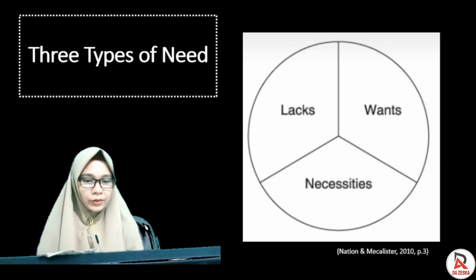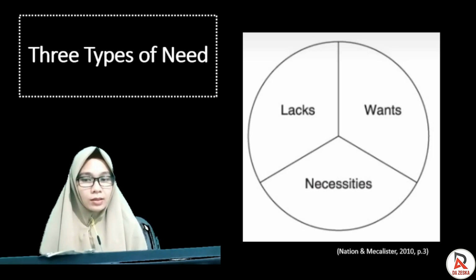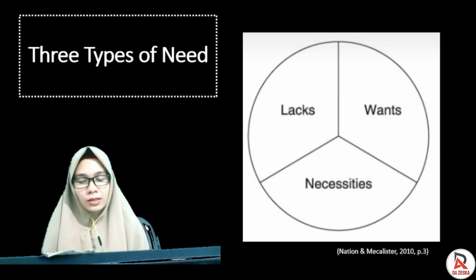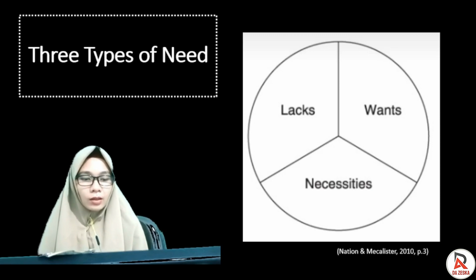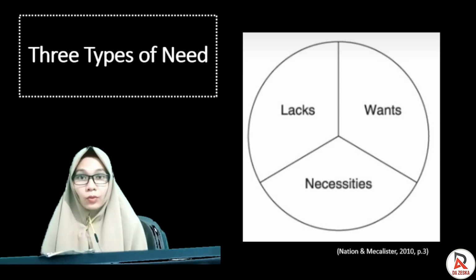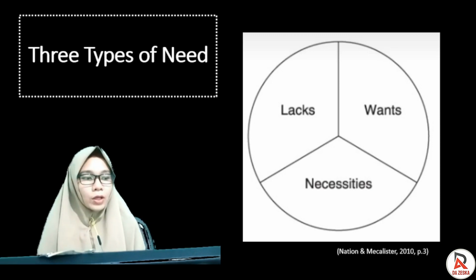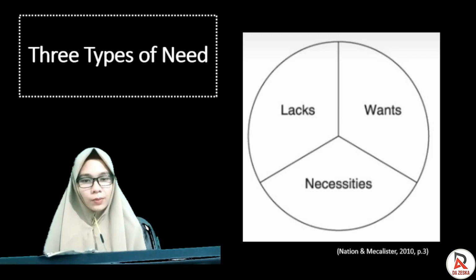Besides knowing their necessities in their level and age, in the theory it is mentioned that you also need to understand their wants, what your students want and what your students lack. Jadi kekurangannya di mana siswanya dan wants-nya itu bagaimana.